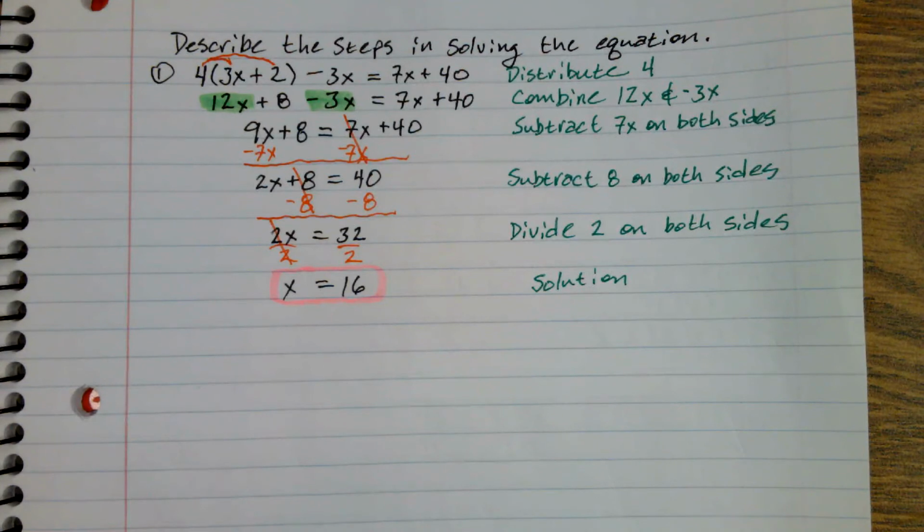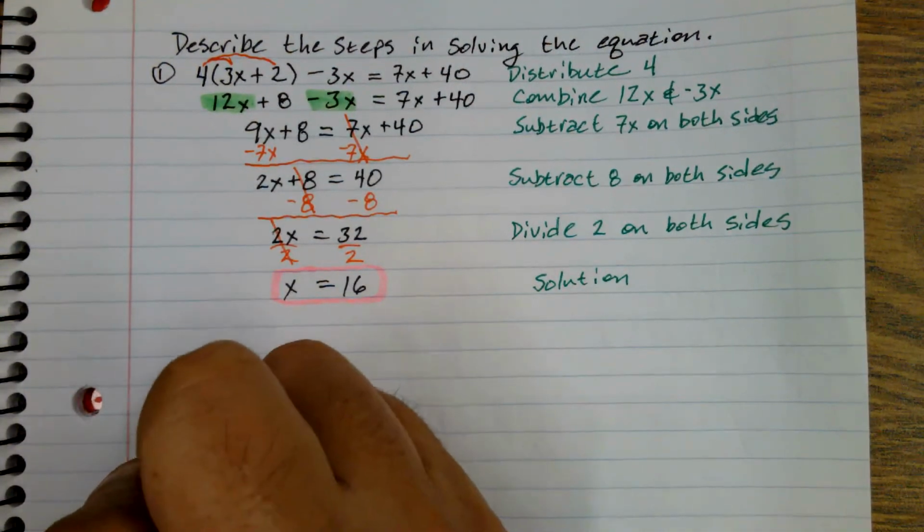Give me a B or a D if you're ready to do one more like this. All right. Let's do it. Number 2.